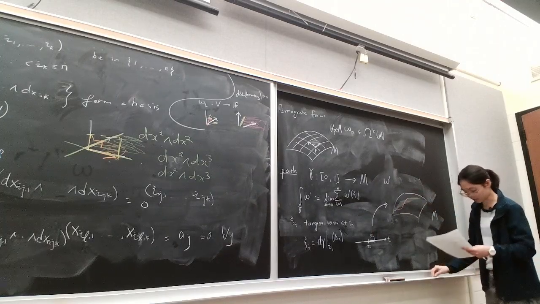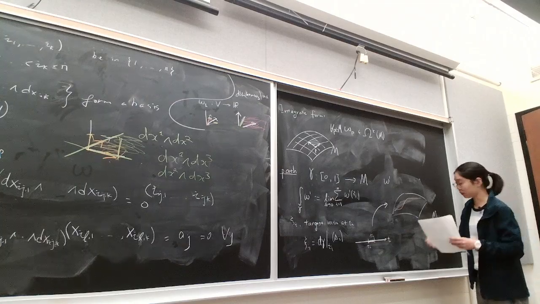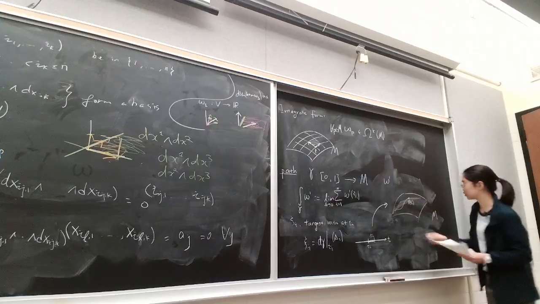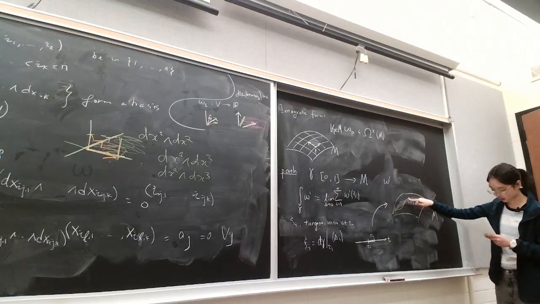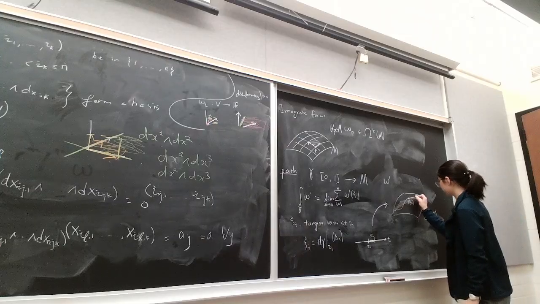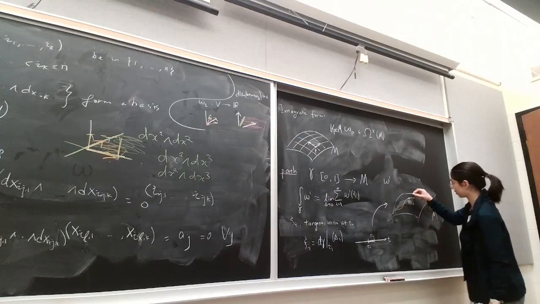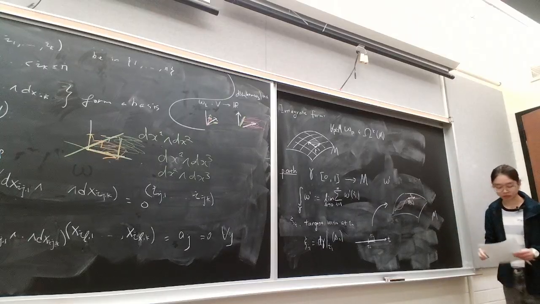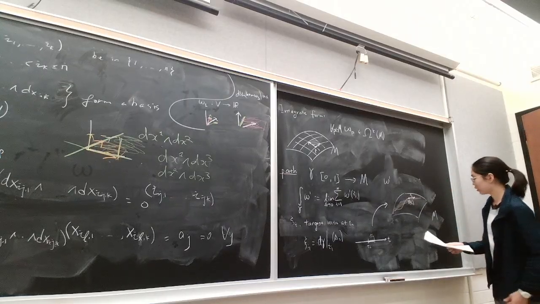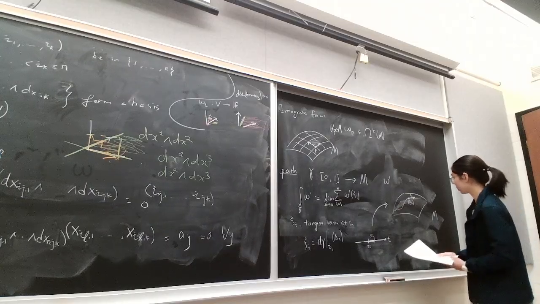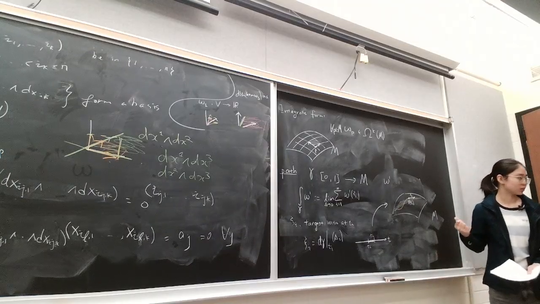Let's say this is the path. Let's say at ti we're here. This tangent vector would be xi i.